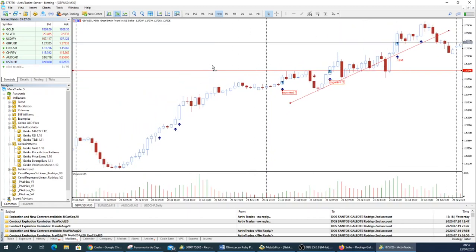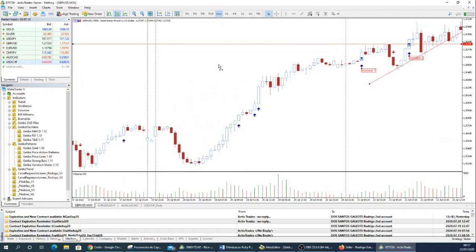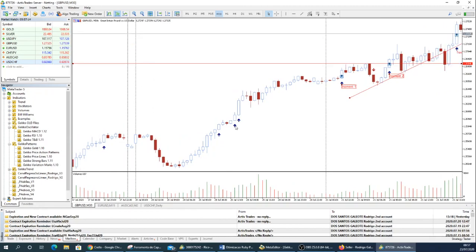I wanted to go back a little bit here and show you some other entries being produced one day before, the same chart, same Forex pair here. And then it's giving me an entry point here at this point.